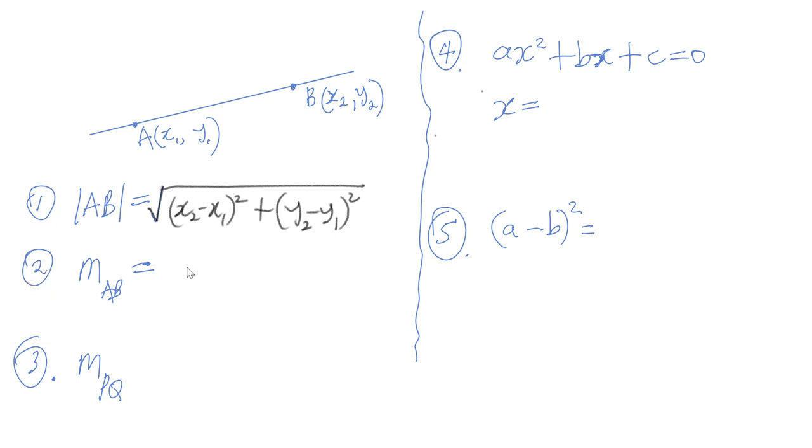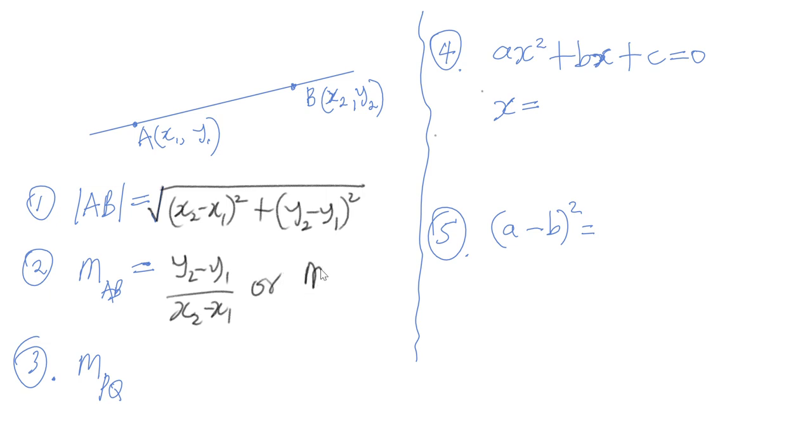Second point, find the gradient of line AB. The gradient of line AB is given by the formula change in y, y2 minus y1, divided by change in x, x2 minus x1.